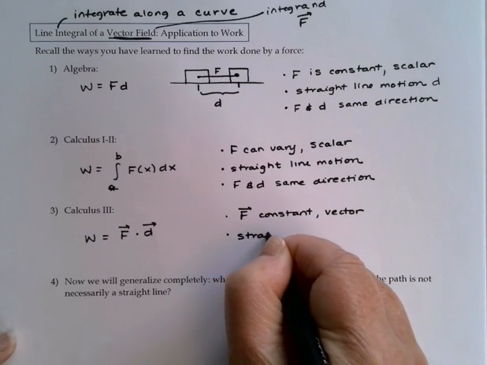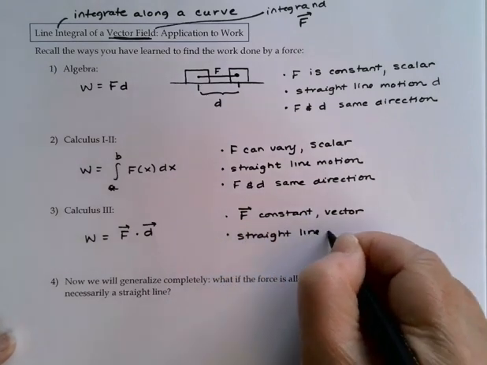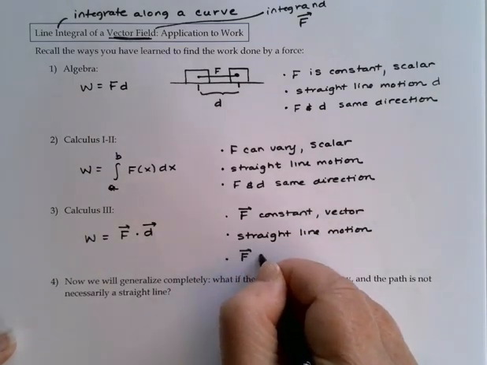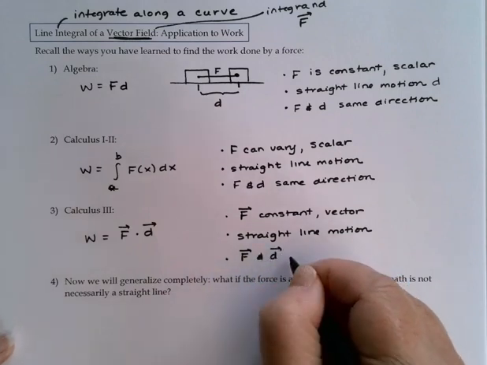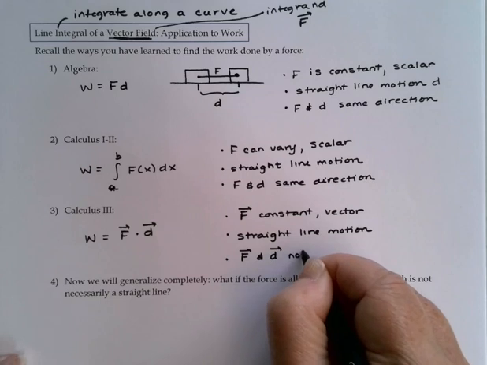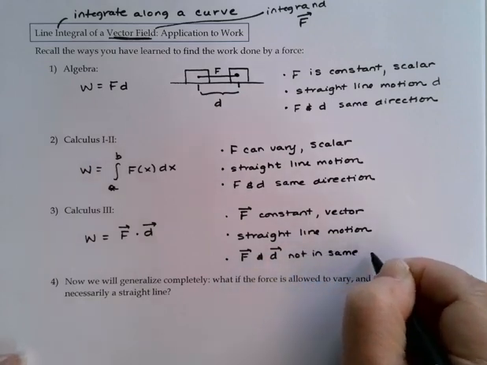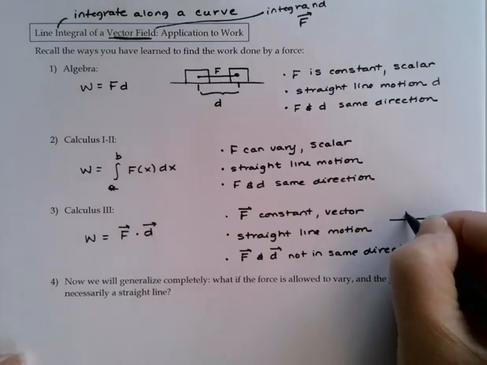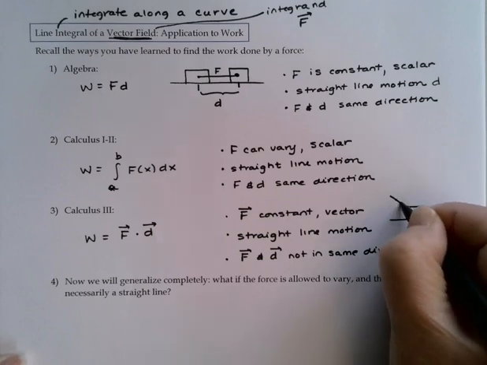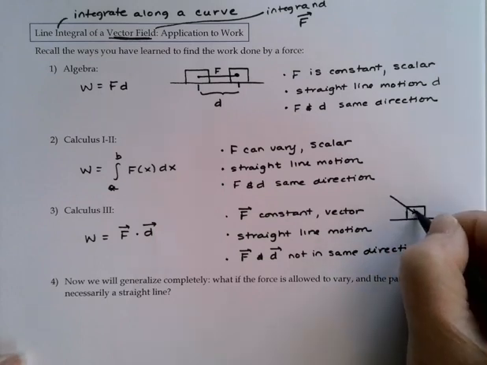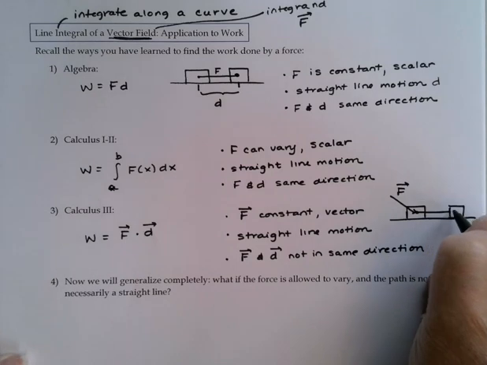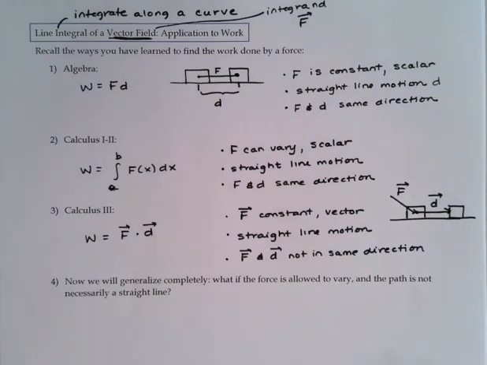We still had straight line motion, but the vector F and the distance vector D did not have to be in the same direction. This was the sort of situation where perhaps the force was applied at an angle to move our object, for example, along a horizontal, so they didn't necessarily run in the same direction.